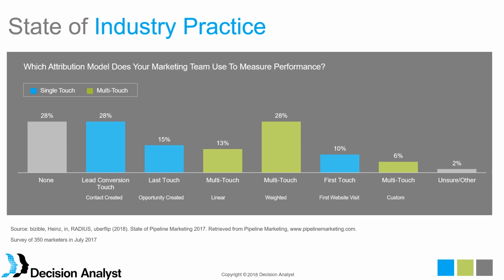And first touch means the first place visited gets full credit. Then there are the multi-touch methods, the green bars, which indicate that more than the first or the last gets credit for the final sale to some degree.